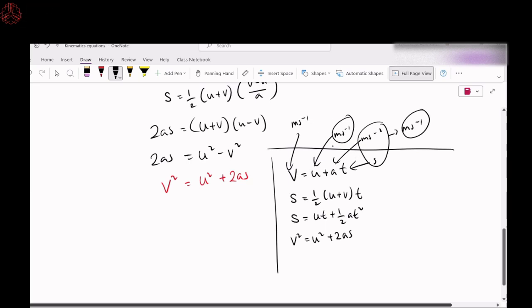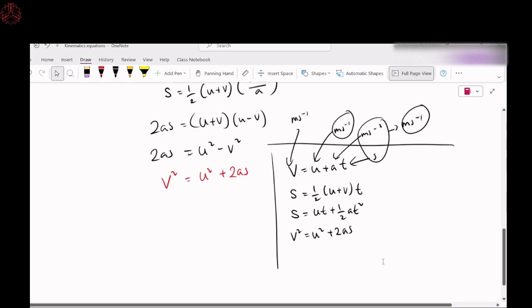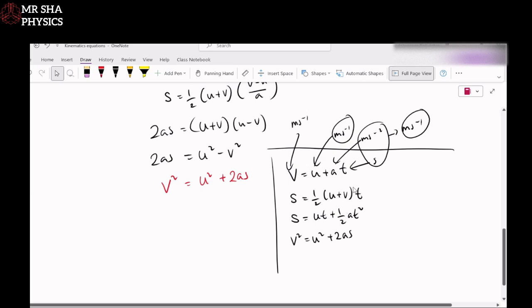They match, they are homogeneous, and therefore we know that our equation is dimensionally correct. This works with just one single equation. We will have to apply this to two dimensions, and we'll work this out in the two-dimensional part of this video.